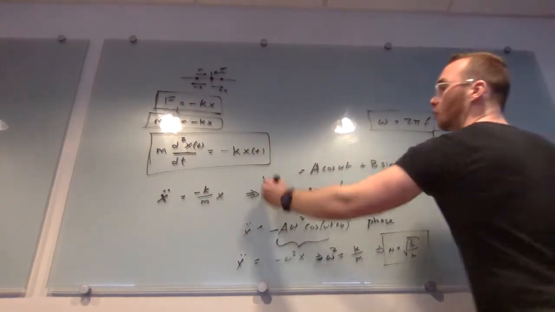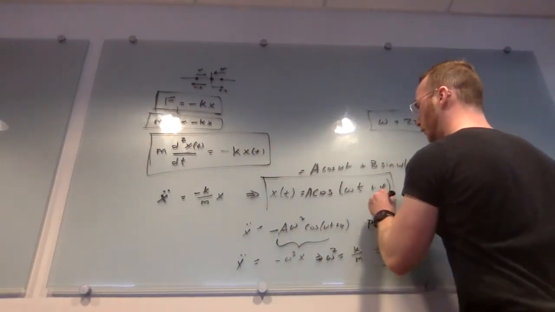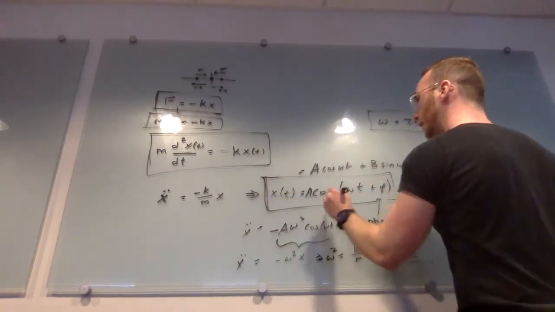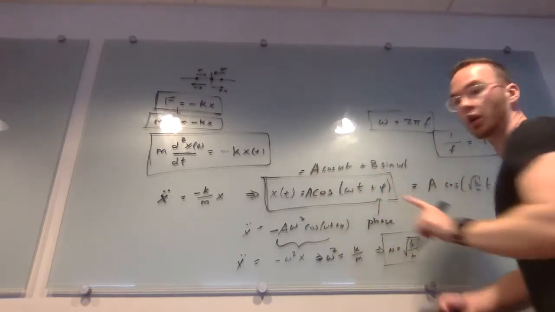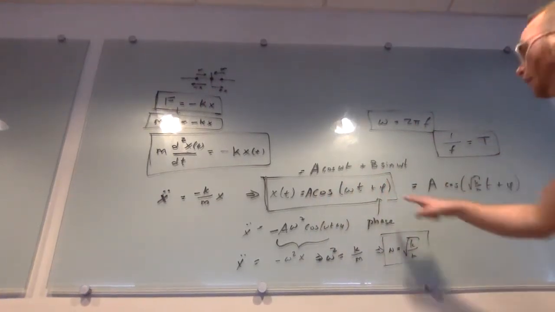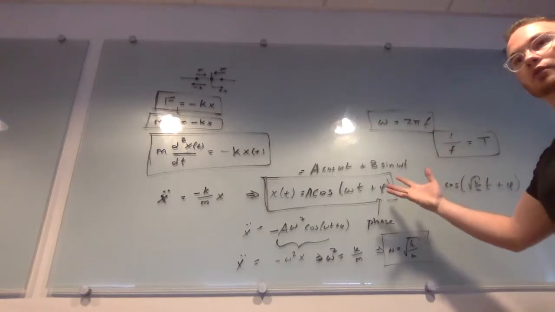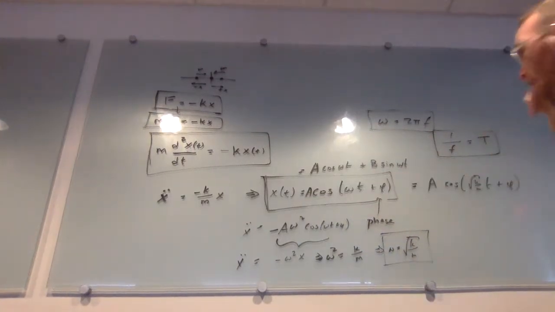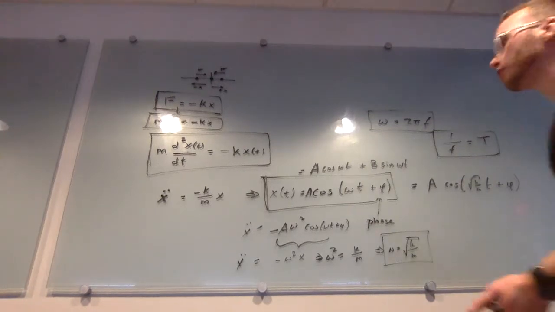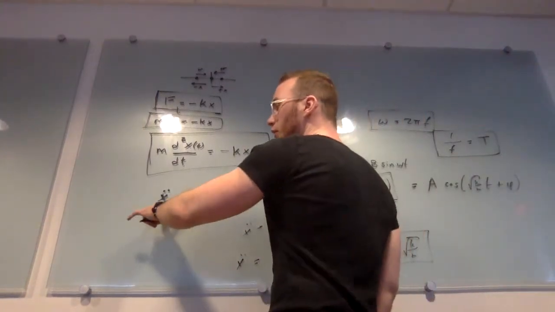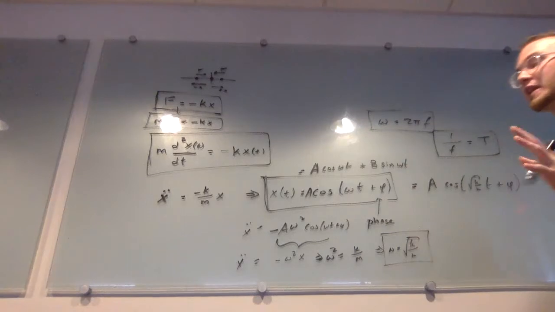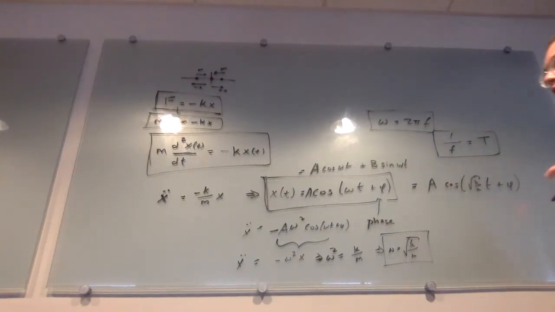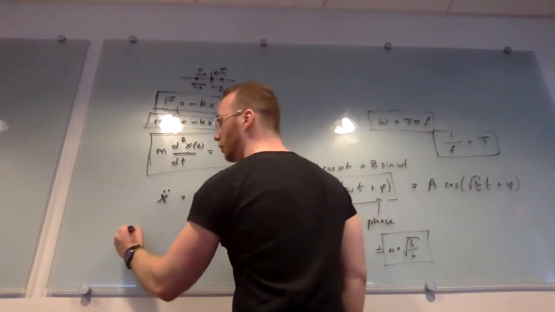So this is the solution for a simple harmonic oscillator. There are two unknowns here: the phase, which we don't know yet, and the amplitude. We know there have to be two unknowns because we have a second order differential equation, and I didn't tell you any initial conditions. To solve for these, we would have to give you two initial conditions.